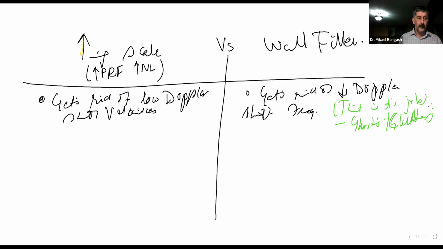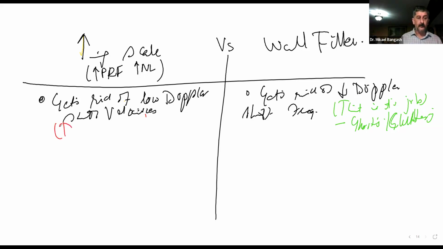But on the other hand, the reason that increasing the scale gets rid of the low velocities is not because that's its job.